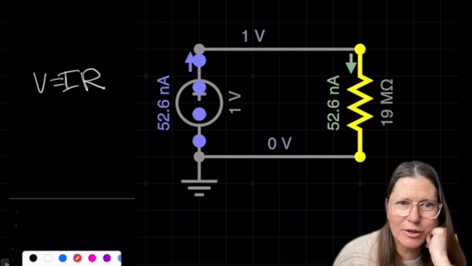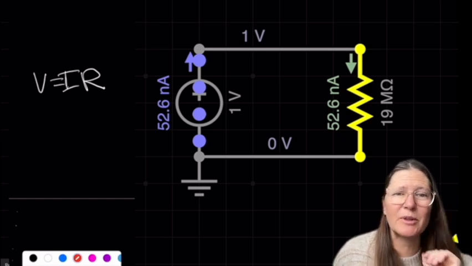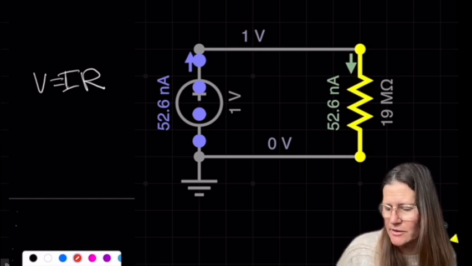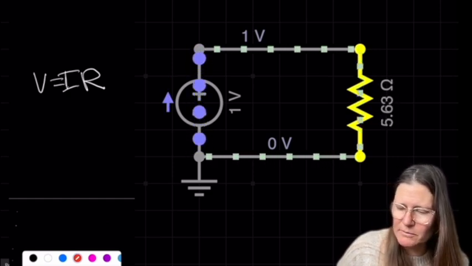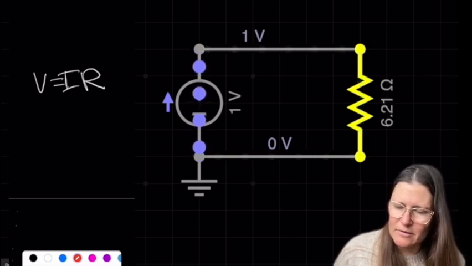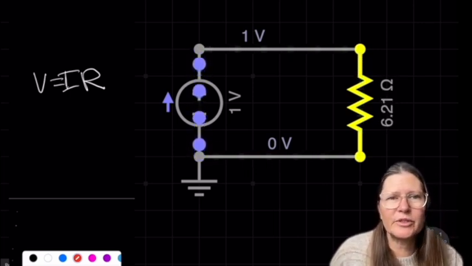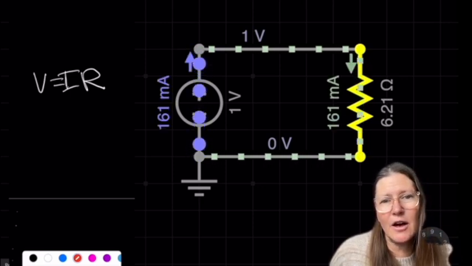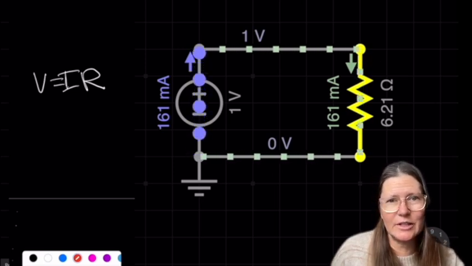So the voltage still stays fixed, but the current changes. And then if I go really small, so six ohms, then you're going to have a much larger current, 161 milliamps.